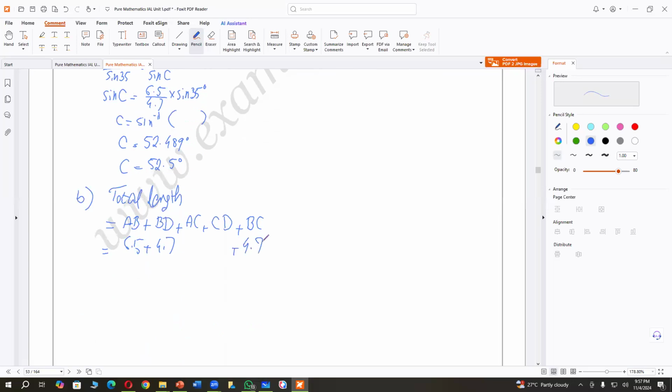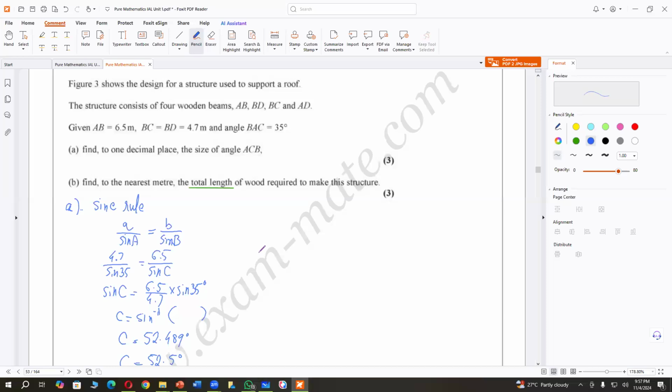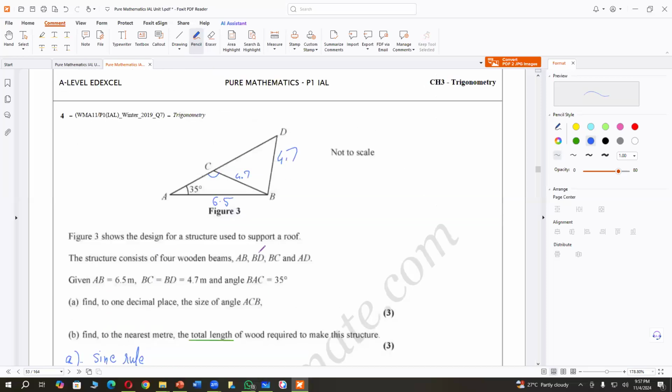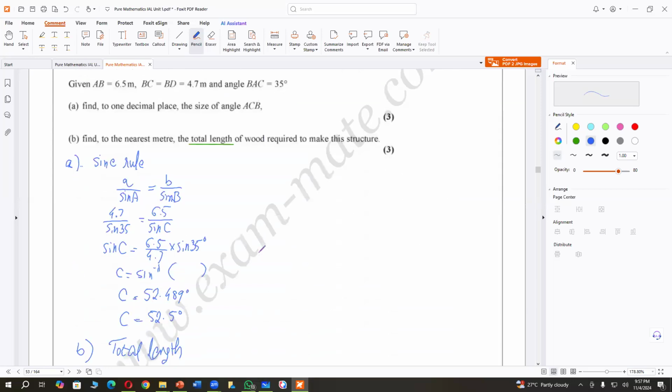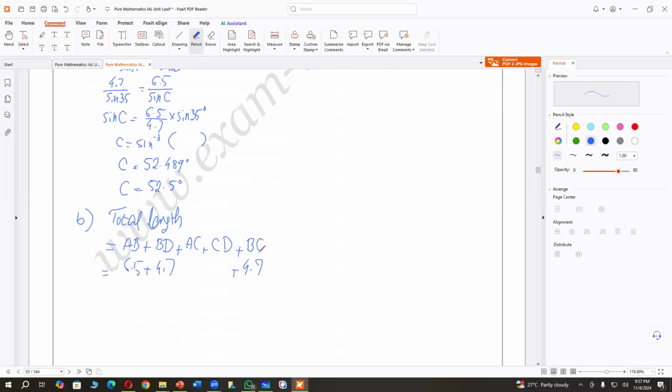I don't have AC and I don't have CD. AC and CD are missing. So I need to find AC and I need to find CD. So please look at this working and let me know what to do now.